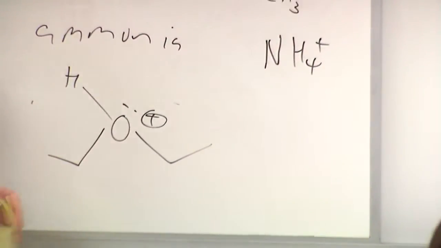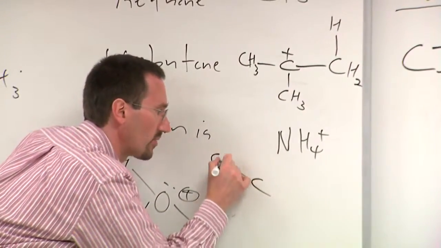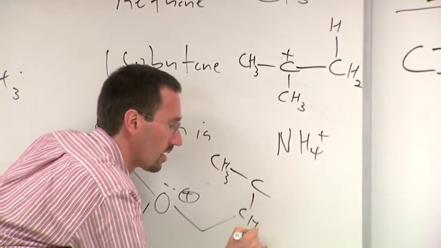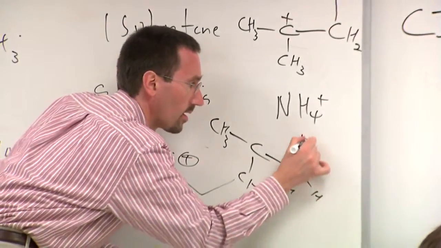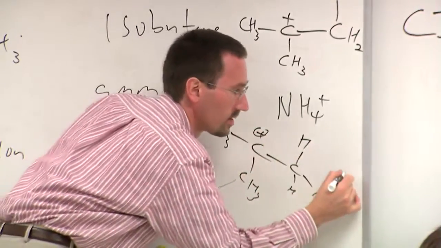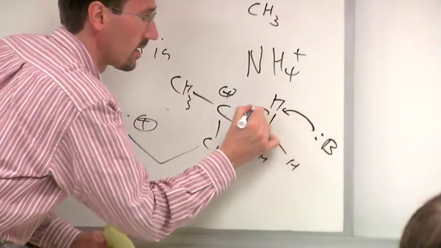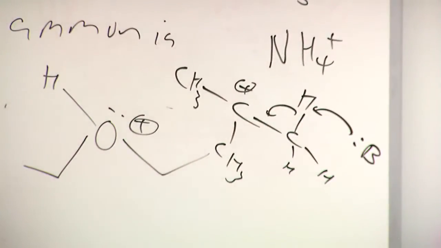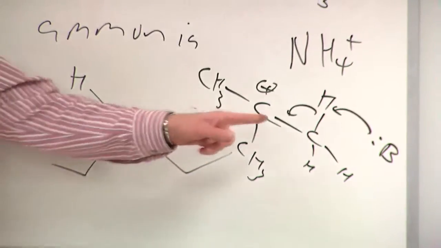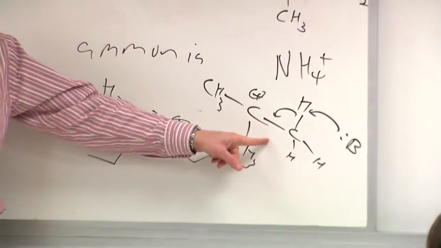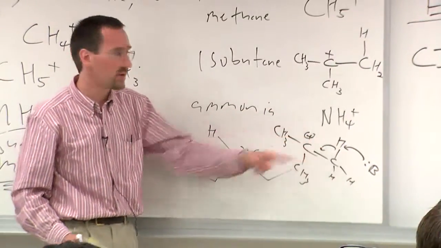For isobutane, it looks like it would be 1 less. So isobutane acts as an acid as well, and I'll draw a curved arrow mechanism. So I'll just draw this as base. The base takes off the proton. And this is exactly the microscopic reverse of the reaction that you get when you protonate an alkene.